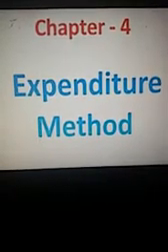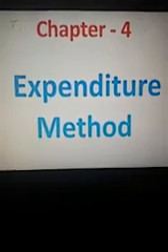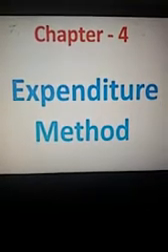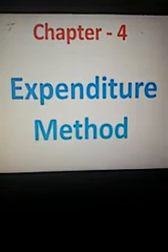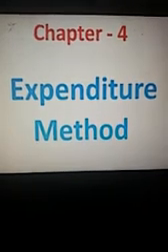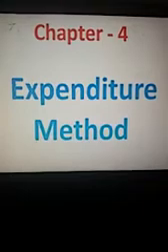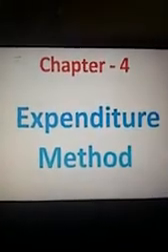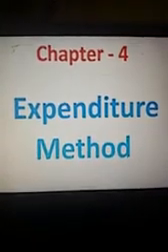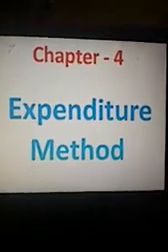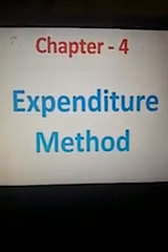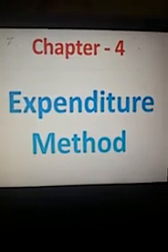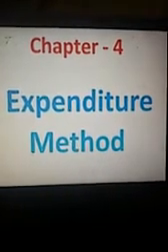So if we talk about the process, you get GDP at MP by adding private and government final consumption expenditure plus gross domestic fixed capital formation plus change in stock plus net export. After that you have to subtract depreciation, and you get NDP at MP. Now you also subtract net indirect tax, then you get NDP at FC, and finally you add NFIA and you will get NNP at FC.